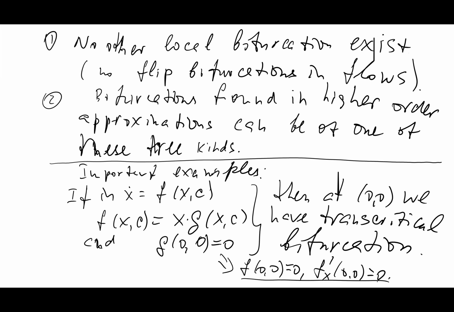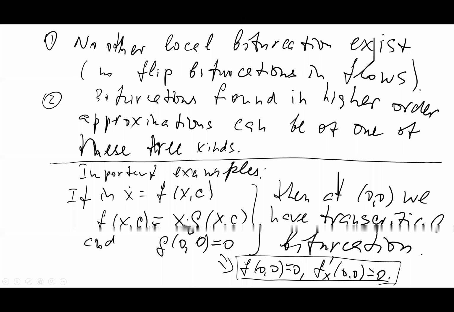So this point 0, 0 will be non-hyperbolic, and if g is good enough, then the two other derivatives, the second derivative over x and the mixed derivative over x and c, if they are non-zero, then we will have a transcritical bifurcation. But this is satisfied in these conditions. So this was the first example.